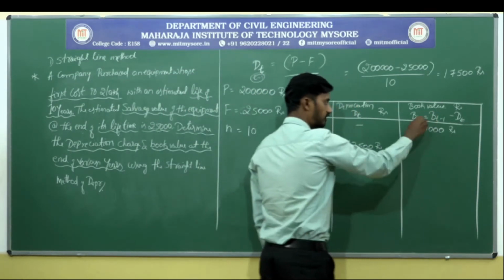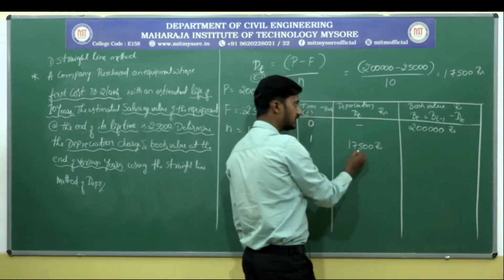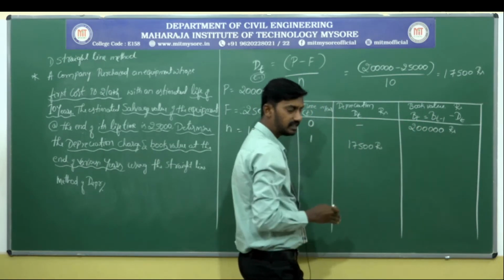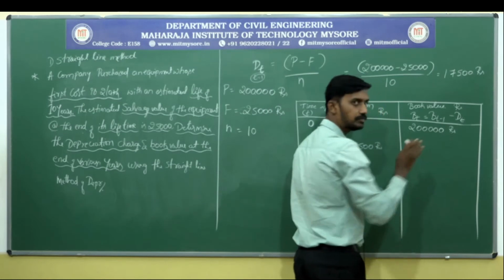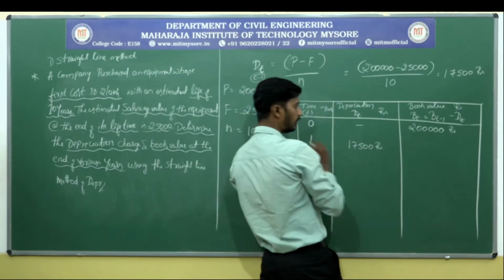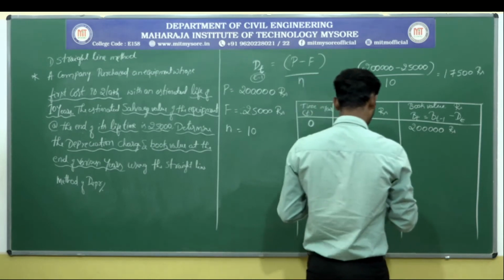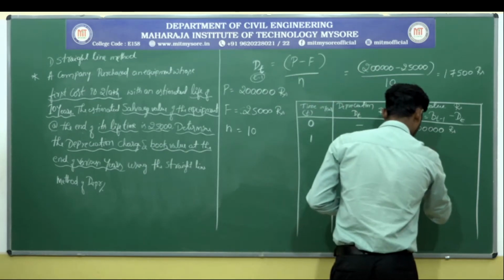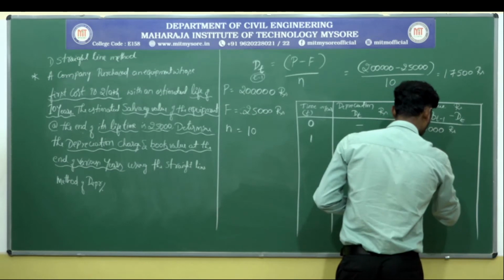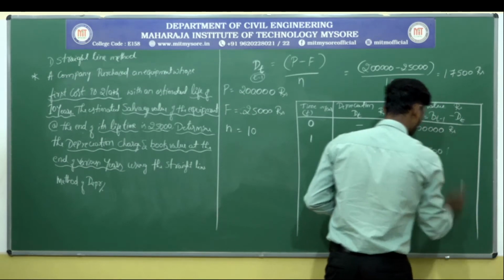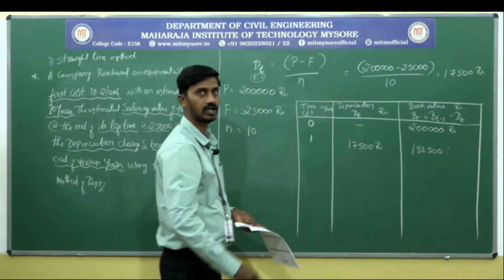What is the book value at the end of the first year? The book value of the previous year minus the depreciation of the present year will give us the book value of the present year, that is at 1. So 2 lakh minus 17,500 gives us 1,82,500.